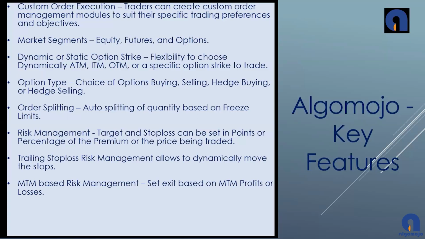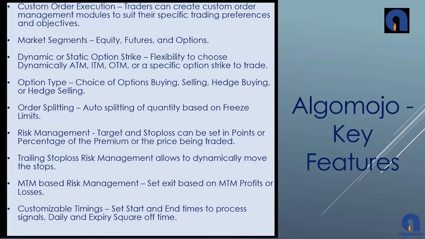You can set the M2M that you would like to have for the day. And as soon as those limits are reached, either on the profit or the loss side, the open positions would get closed automatically, thereby maximizing your profits and minimizing your losses. Then you can also set the start and end time as to when you want to trade.